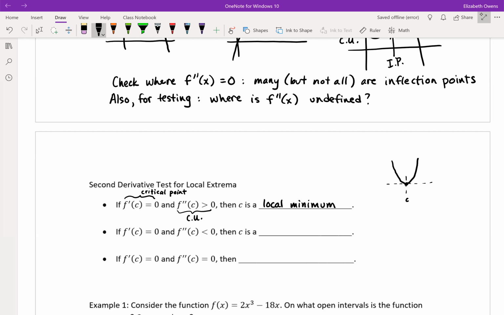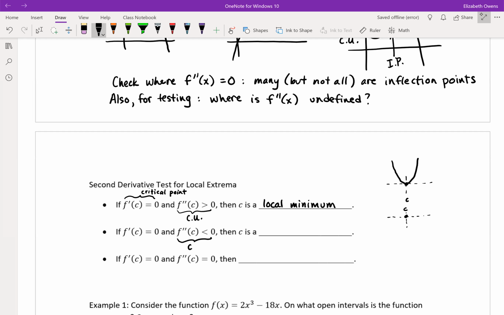Now, if we've got that same type of situation, a critical point here with a nice horizontal tangent line, f prime of c equals 0, there's our point C. We're also given here that the second derivative is negative, less than 0.